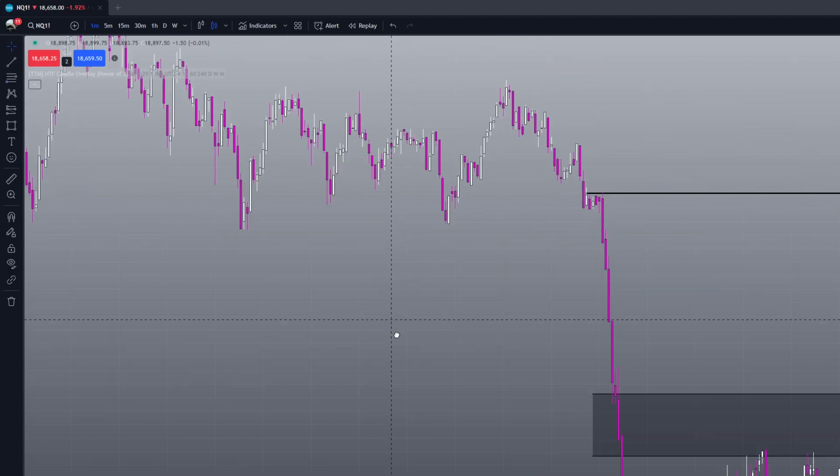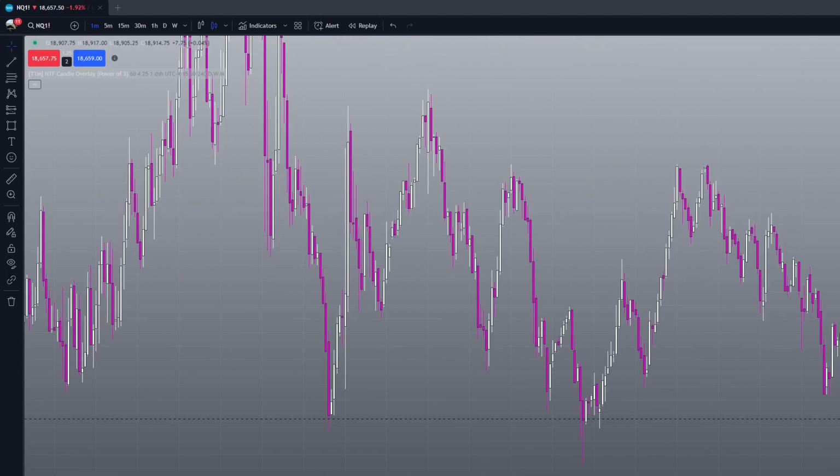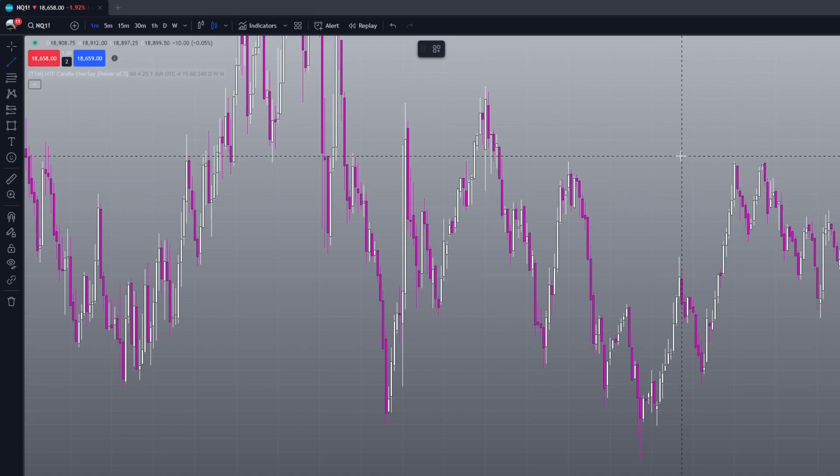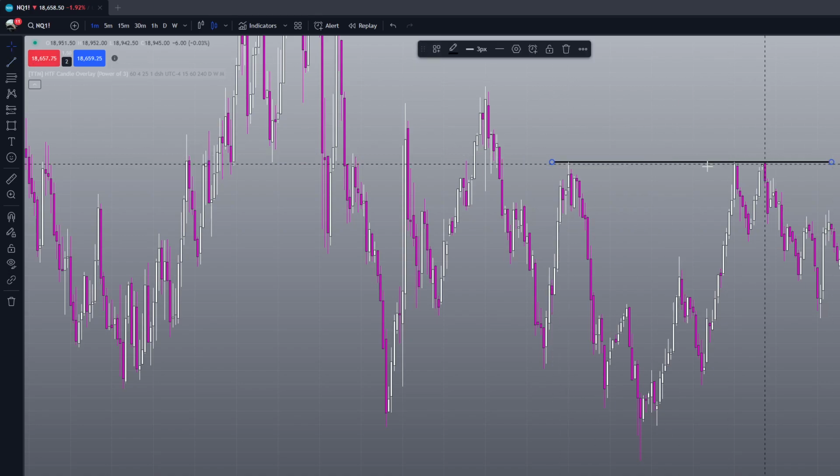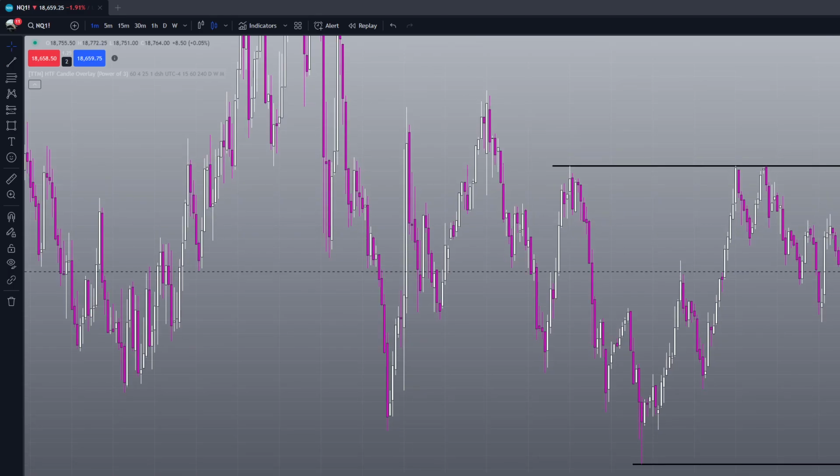So I'm going to show you guys an example on a bullish side to close out a nice even range. So let's say I'm taking this swing right here, top to bottom. So here I have an identifiable range.